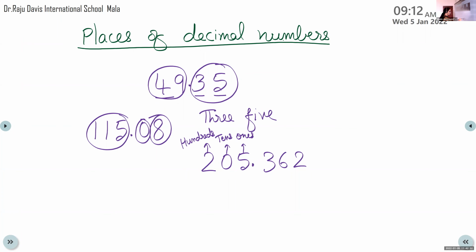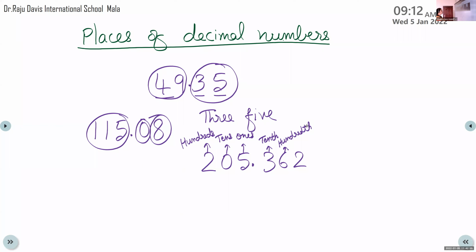After that, this 3. After the point, the place of the first digit is tenth. The next place is known as hundredth. After the point, there is no ones place.